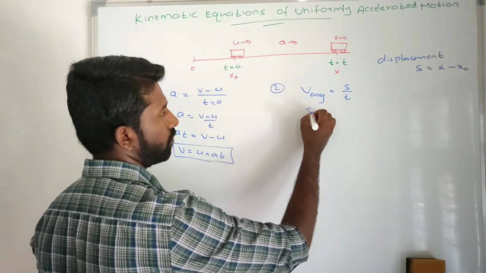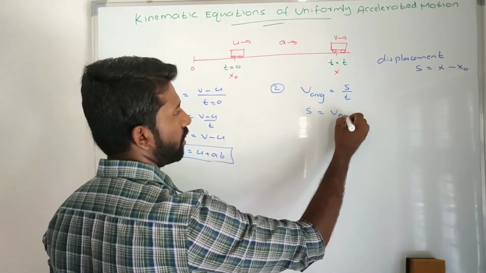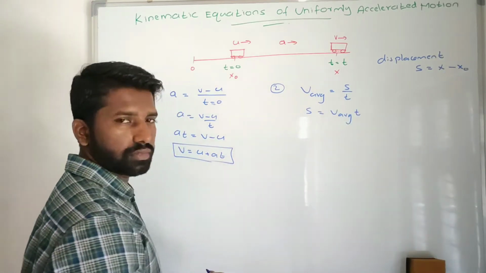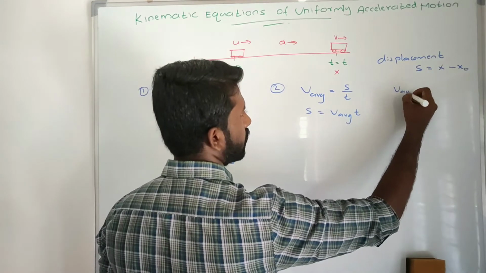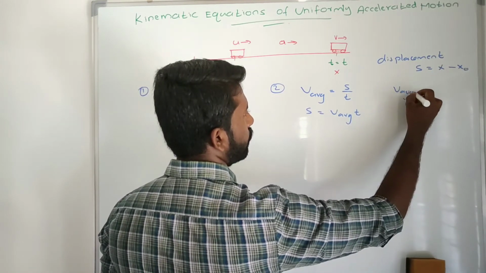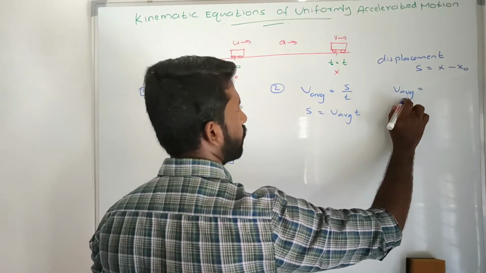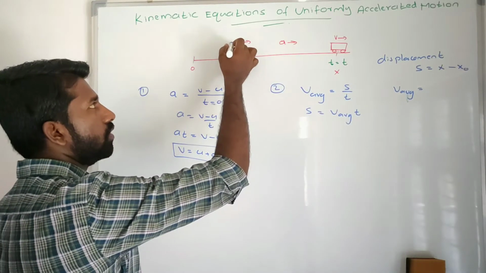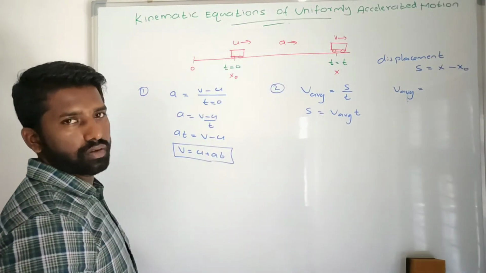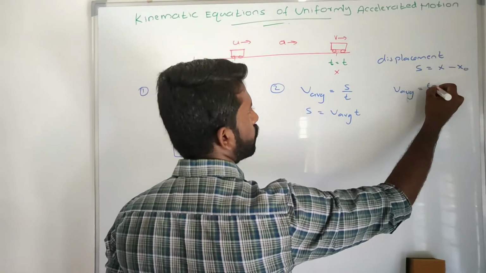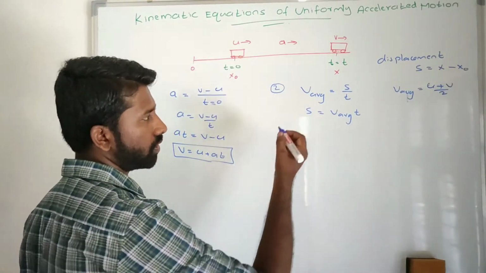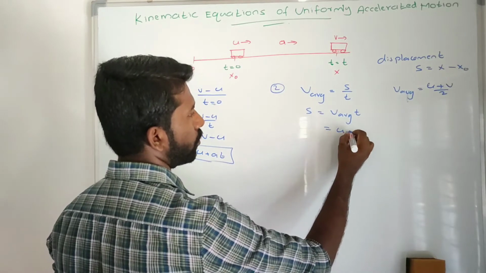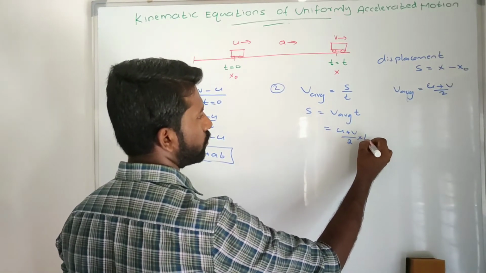From this, S is equal to V average into time. Average velocity has another formula: since only the two velocities u and v are given, V average is u plus v divided by 2. We substitute this here, so S is u plus v divided by 2 into t.